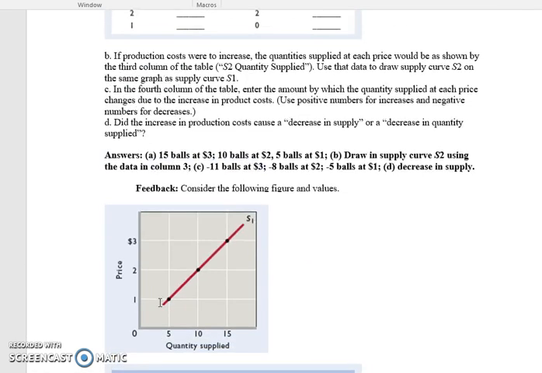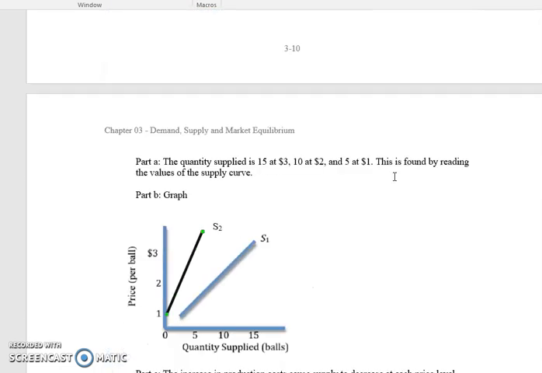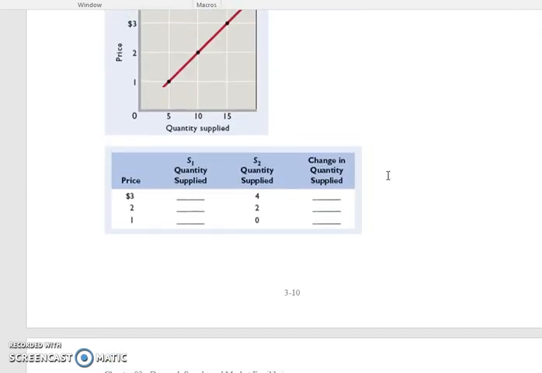Now let us read the next question. In the fourth column of the table, enter the amount by which the quantity supplied at each price changes. We have already discussed that, right?